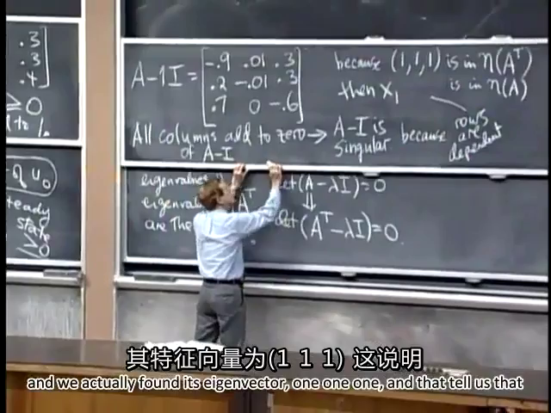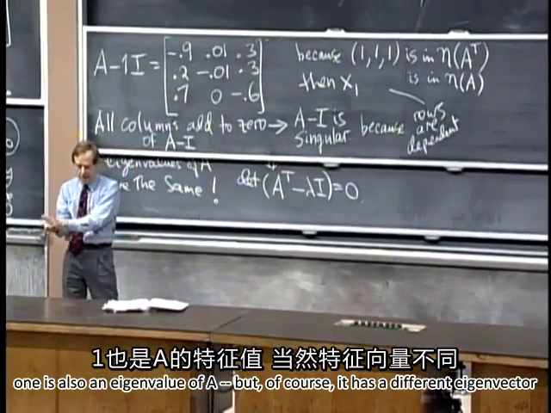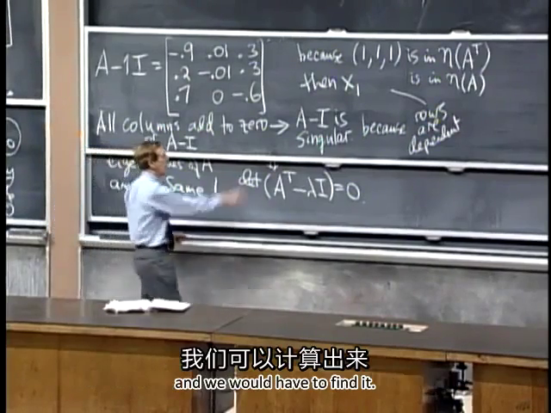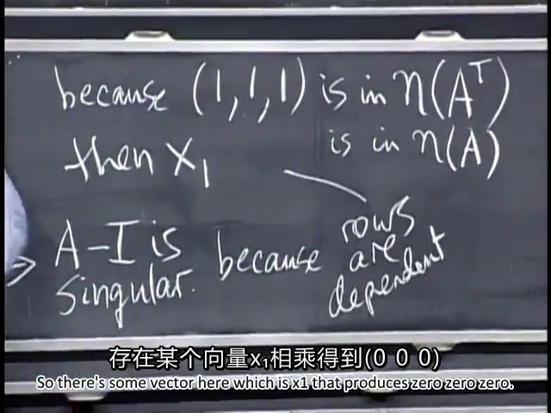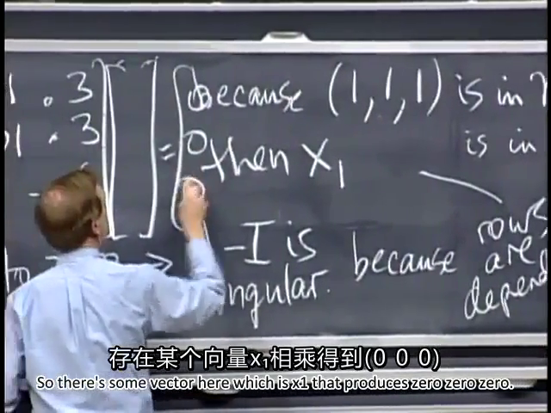And that tells us that 1 is also an eigenvalue of A, but of course it has a different eigenvector. The left null space isn't the same as the null space, and we would have to find it. So there's some vector here, which is x1, that produces 0, 0, 0.